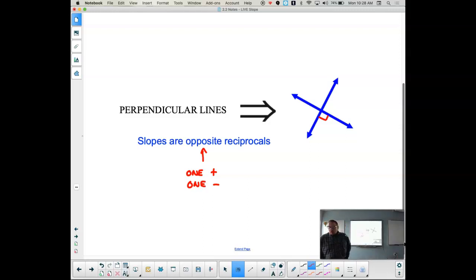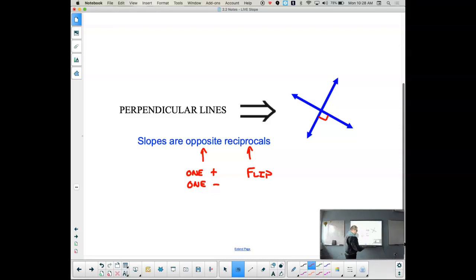That's your automatic first check on perpendicular lines. One has to be positive, the other one has to be negative. If they're both positive or both negative, they can't be perpendicular. And reciprocal, remember, is the fancy mathematic word for flipping a fraction. So if one is 1/2, the other one would have to be -2 to be opposite reciprocals. If the fraction is 7/5, then the reciprocal fraction would be 5/7.